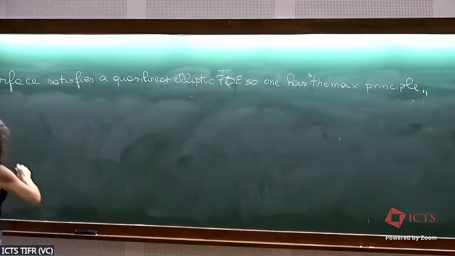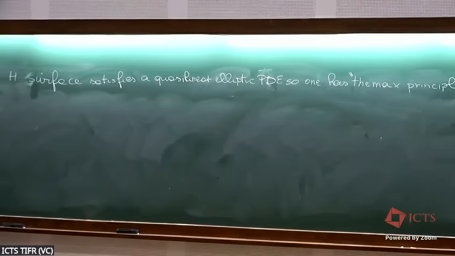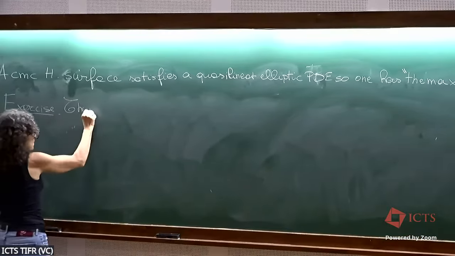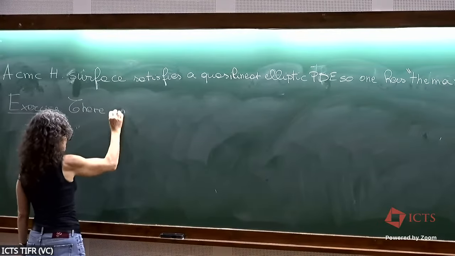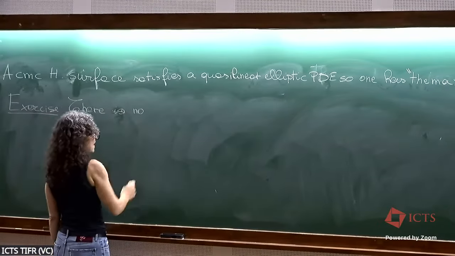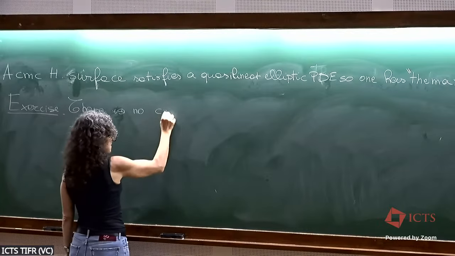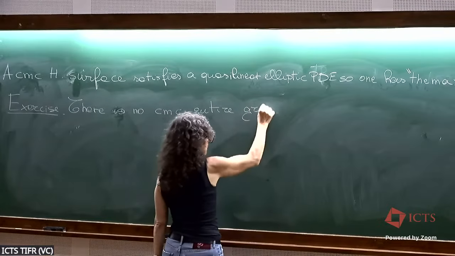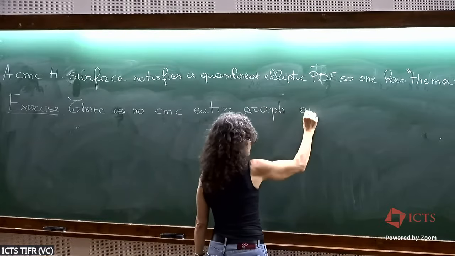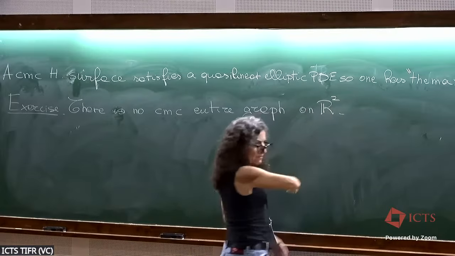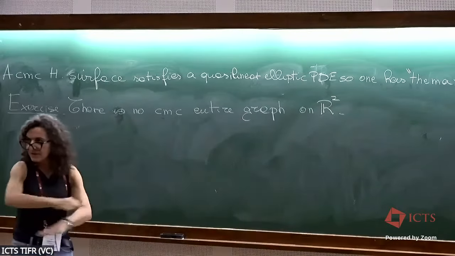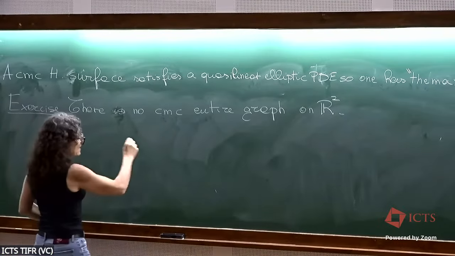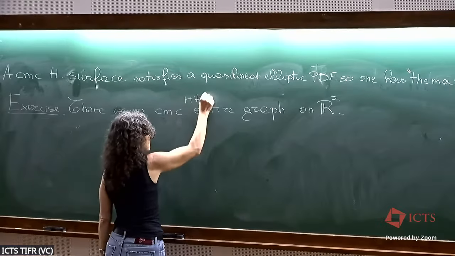Okay, so exercise. There is no CMC entire graph on R2, I mean complete, on R2, with H different from 0.